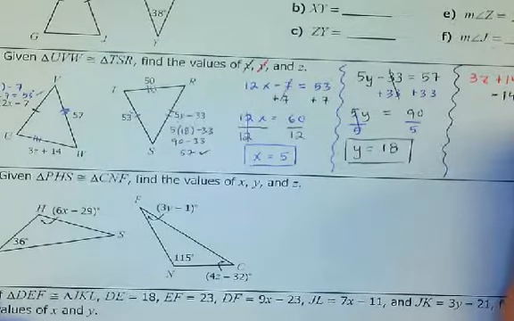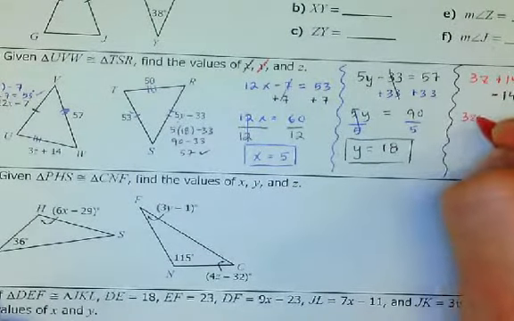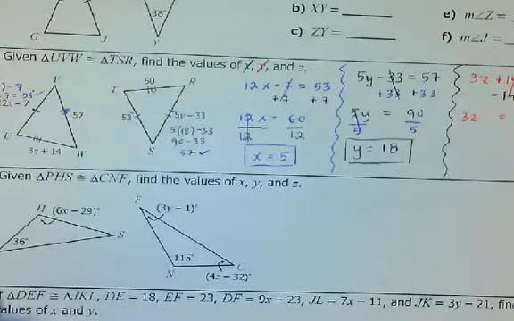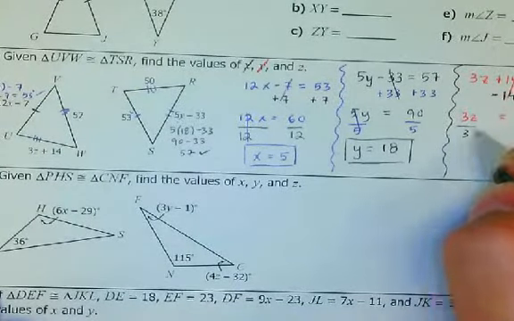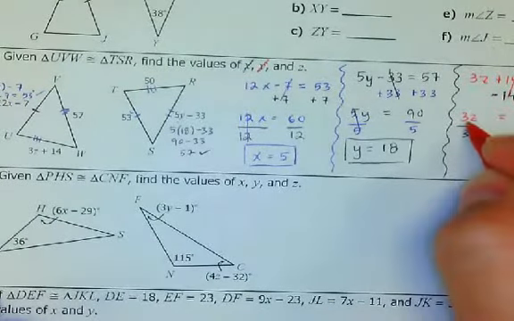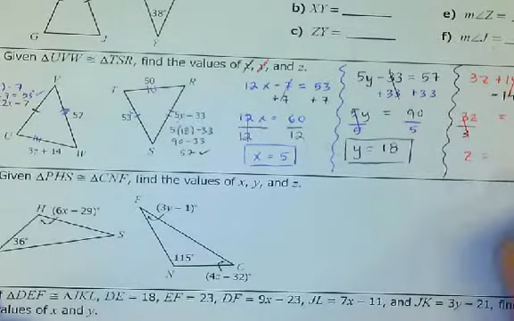We're going to subtract 14 from both sides. 3z, these cancel out, is equal to 36. Divide by 3 on both sides. 3 divided by 3 makes 1. The z is now equal to 12.